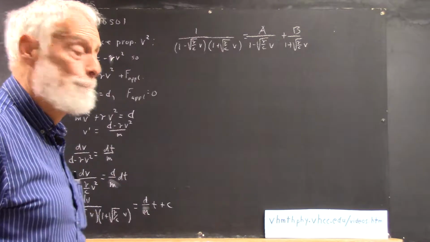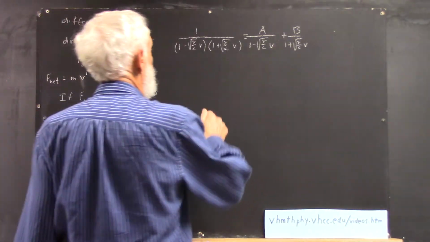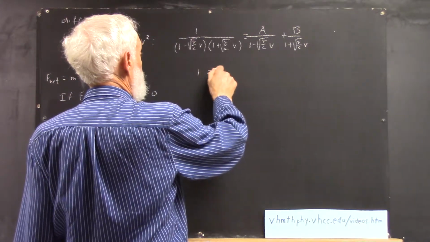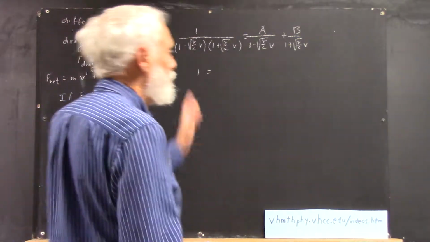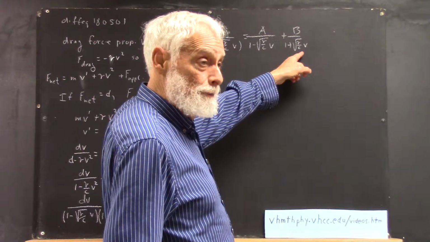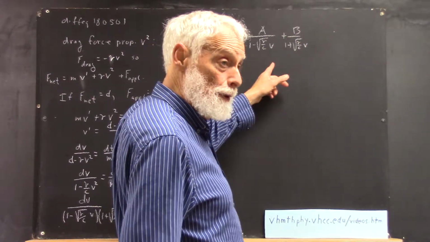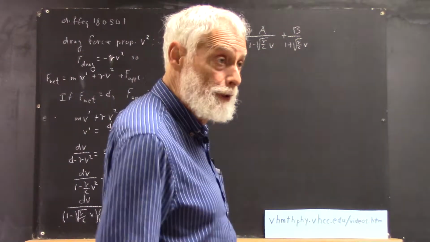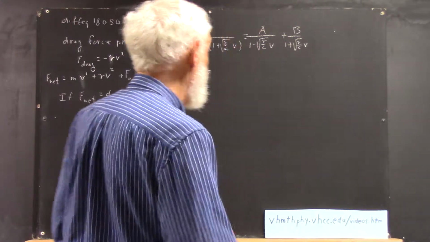Which means that 1 is going to equal, putting these over a common denominator, A multiplied by 1 plus this, B multiplied by 1 minus this, then the denominators will be equal, and I'm not going to go through those details.